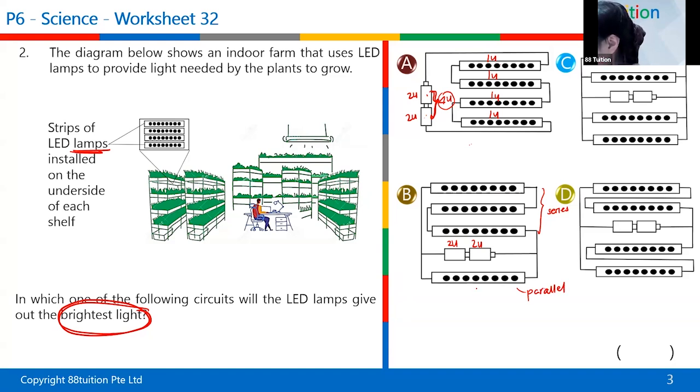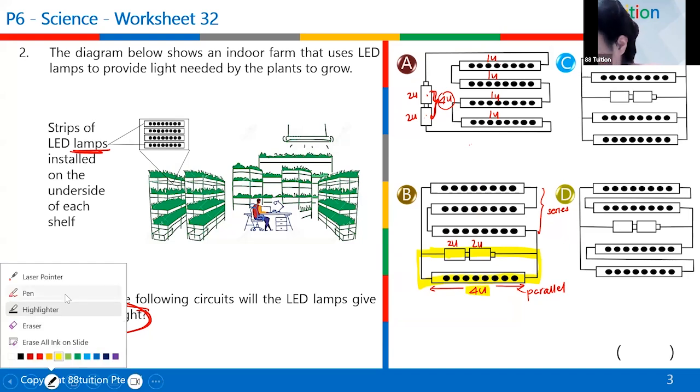Lillian, can you tell me how much energy does this lamp receive? 4 units. Very good. So this lamp receives the entire electric current provided by the 2 batteries, so 4 units. How about the lamps on top? Lillian, how much for 1 lamp?